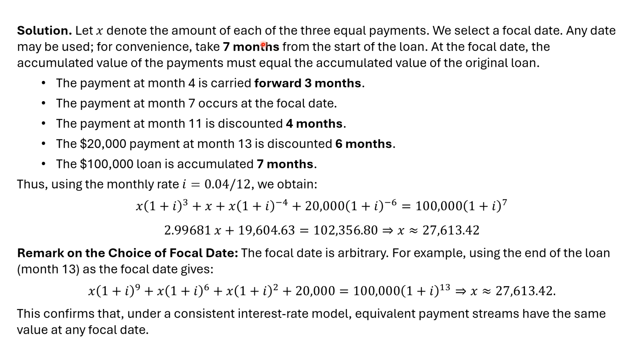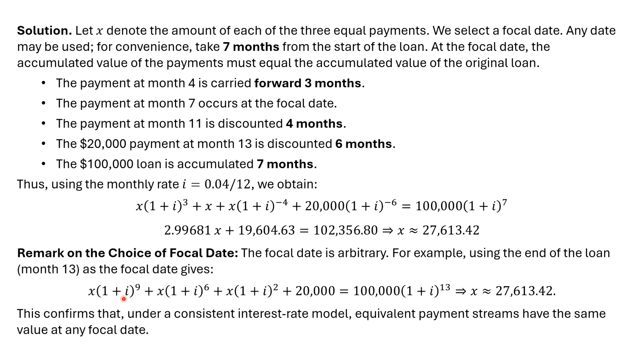So just to illustrate that this focal date can be chosen at any date by our equivalence principle from the last slide, I did it a second time, and I chose month 13 as the focal date.